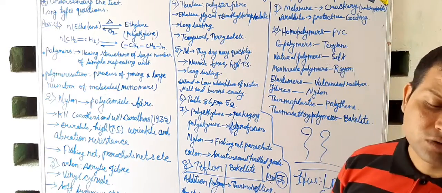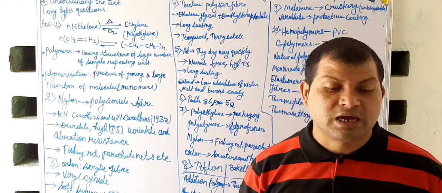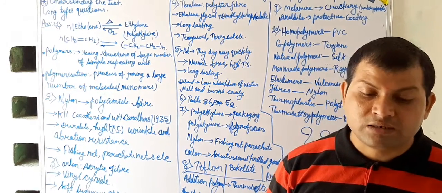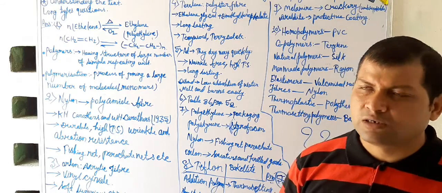Now move towards question number 8. Here it is asked what is the difference between Teflon and bakelite. Discuss their important uses.